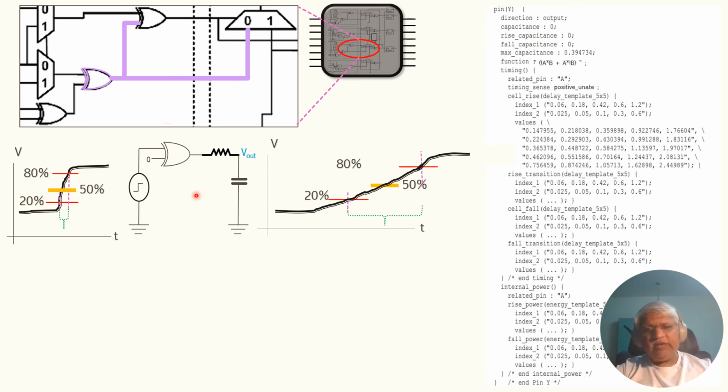So the possibilities are: we can increase the drive strength of this cell. That is one method. Another is we can add some extra buffers on this network, some buffers here, some here, based on the need. That way the slew on this network will improve, and on this network it will improve.